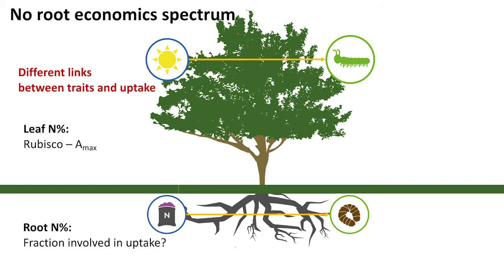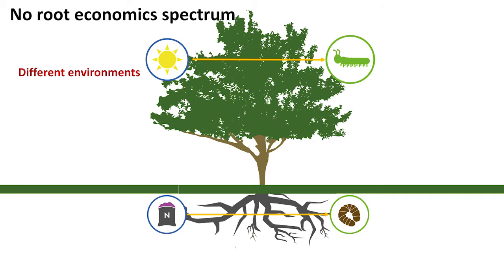For root nitrogen content, in contrast, this relationship between root nitrogen and uptake capacity is far less established. It seems, however, that the fraction of root nitrogen that is stored in enzymes involved in resource uptake is far less than the photosynthetic nitrogen in leaves. So this implies that the relationships between functional traits and actual functioning cannot be extrapolated from above ground to below ground, so the traits that we so commonly measure might actually not really tell us something about fine root functioning.